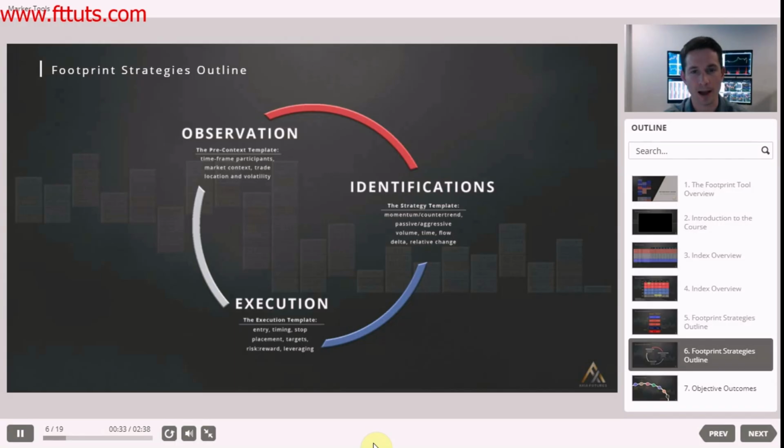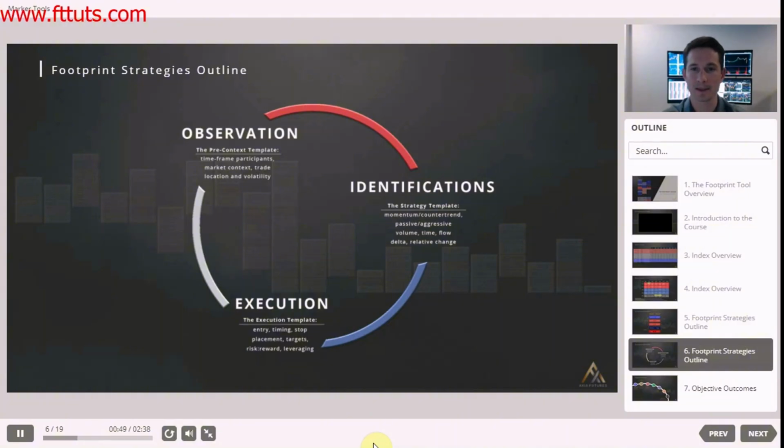And that's why we've developed the trade strategy learning process loop. This loop, very simply, is just a manner in which we can observe the markets in an exact manner to develop a consistent approach over time.